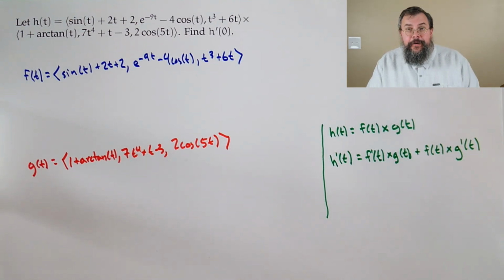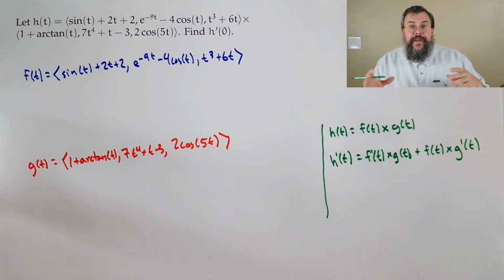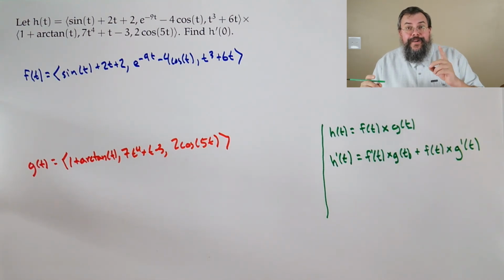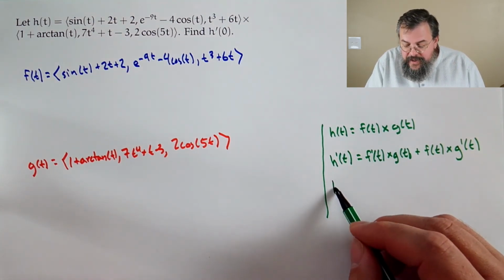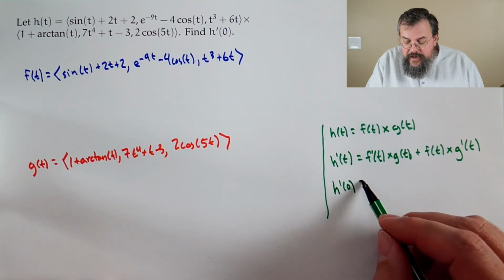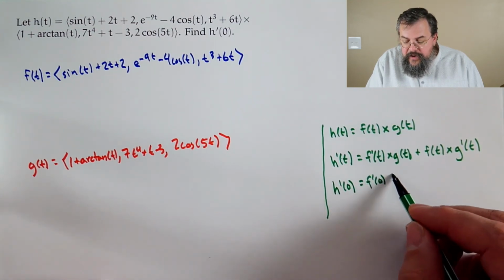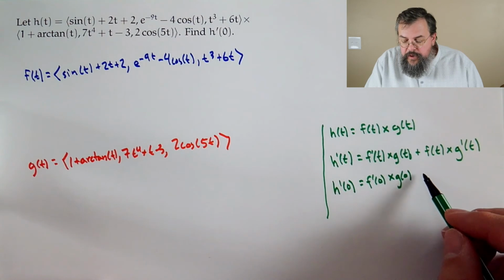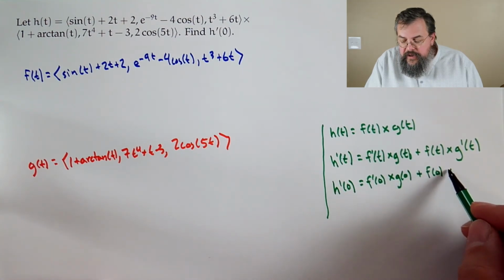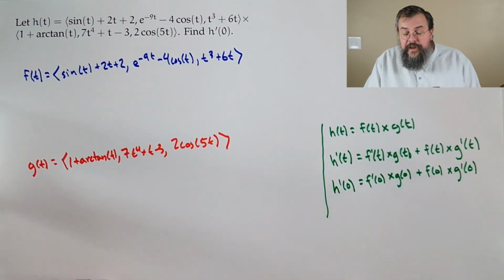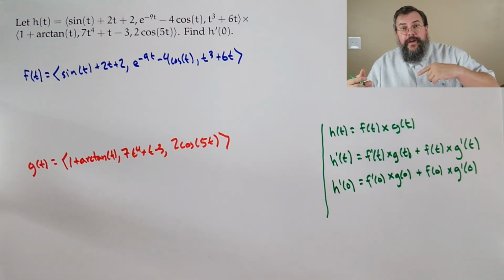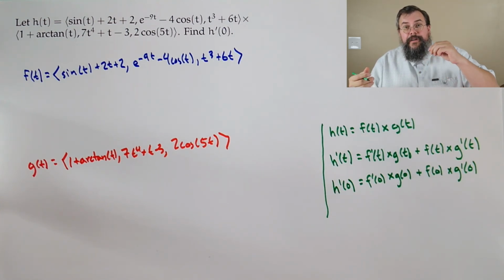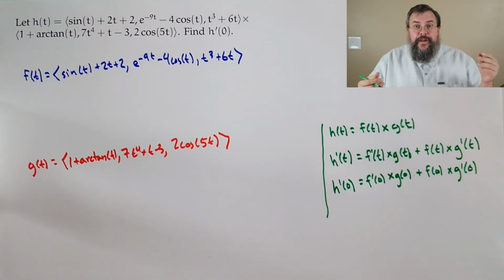Well, now what? Well, you might say, okay, so now we have to take all these cross products. But wait. We want to know what happens at 0. So here's the idea. H prime of 0 is f prime of 0 cross g of 0 plus f of 0 cross g prime of 0. So here's the moral. We can do all our cross products first and then evaluate, or we can evaluate and then take cross products.